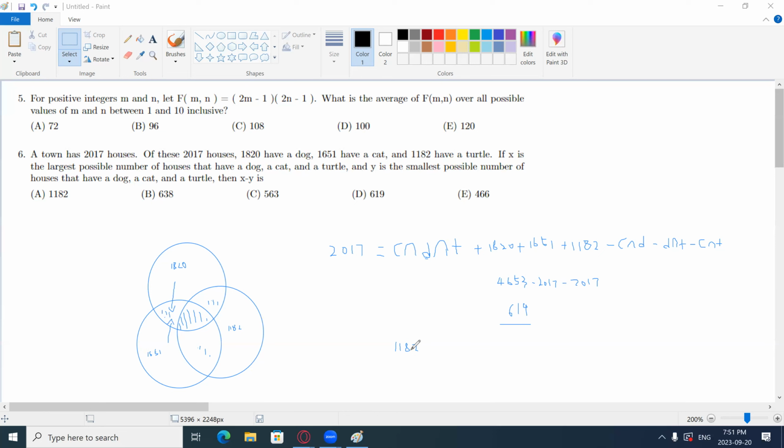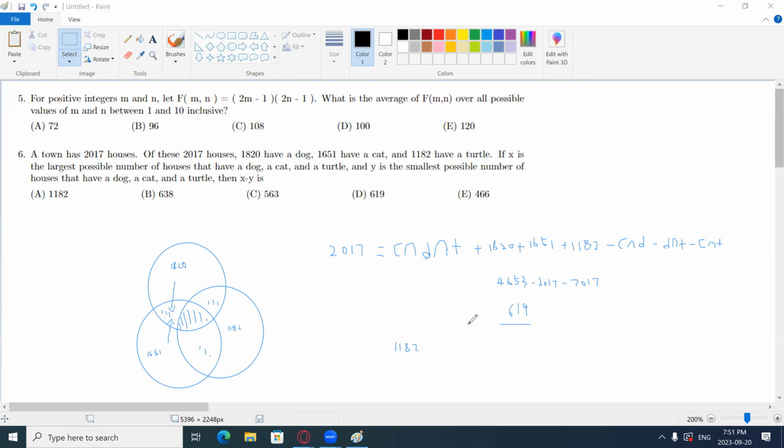Because if it goes higher, then it's impossible, because you don't even have enough houses that have turtles. So it's not going to be higher than this number. And it couldn't be lower than this number, because there would be a scenario where this number would exist as the one in the middle.